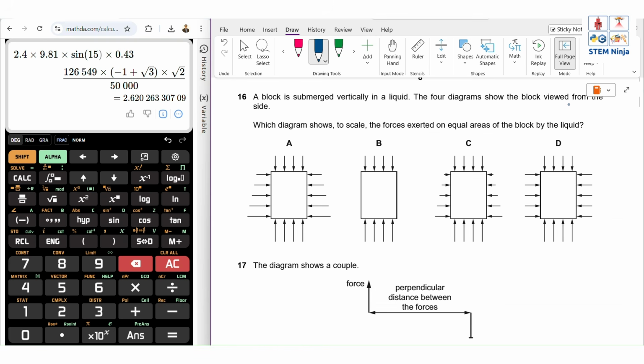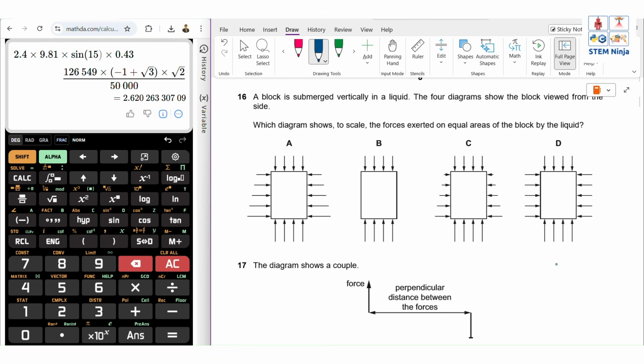4 diagrams show the block viewed from the side. Which diagram shows to scale the forces exerted on equal areas of the block by the liquid? Okay, so this is the side view now. And as you can see, there's a difference in arrows, which means that the longer arrows means a higher force, or sorry, a larger force.